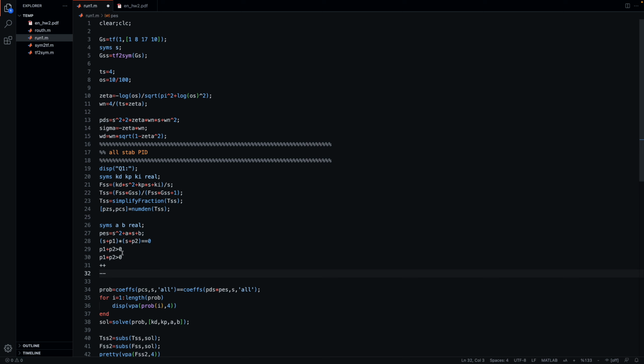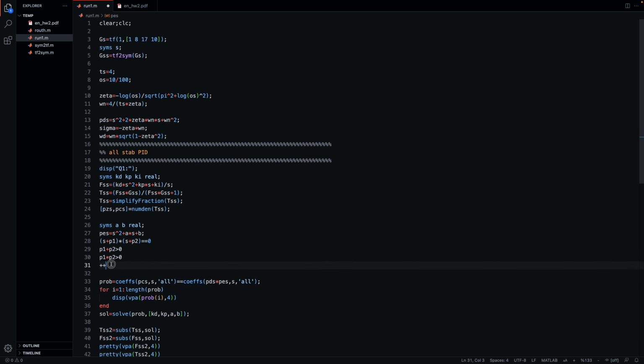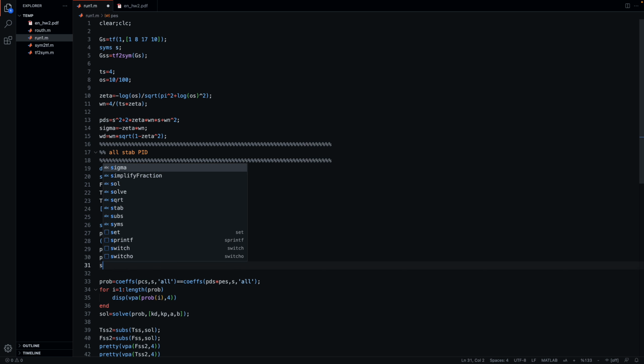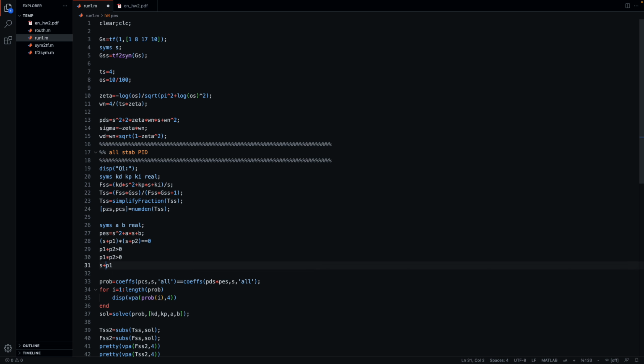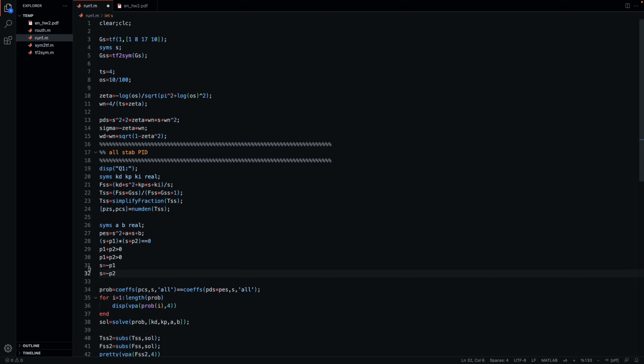And since their sum is going to be positive too, the negative case will be eliminated. So both p1 and p2 should be positive values. And if that's the case, then s + p1 = 0, so s is equal to minus p1 and s is equal to minus p2. p1, p2 being positive means negative real roots. So that's basically what we are trying to claim here.